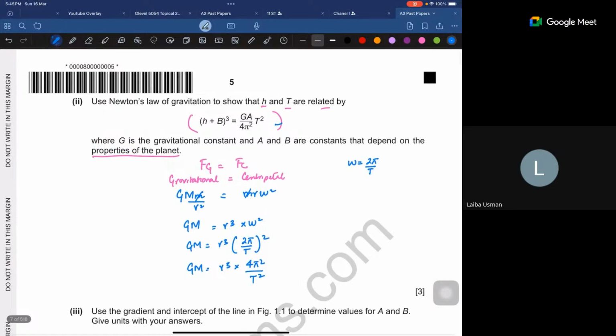Okay, now we're getting somewhere, because if I take T on that side, it will be GM times T squared over 4 pi squared. So we're getting somewhere here. And the other thing that is remaining on that side is just r cubed, which makes sense as well.